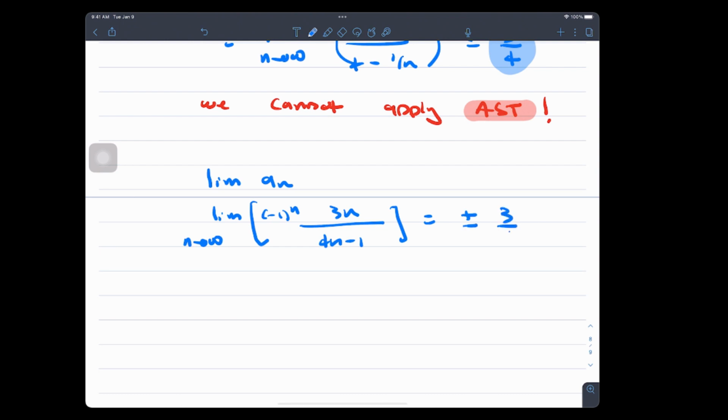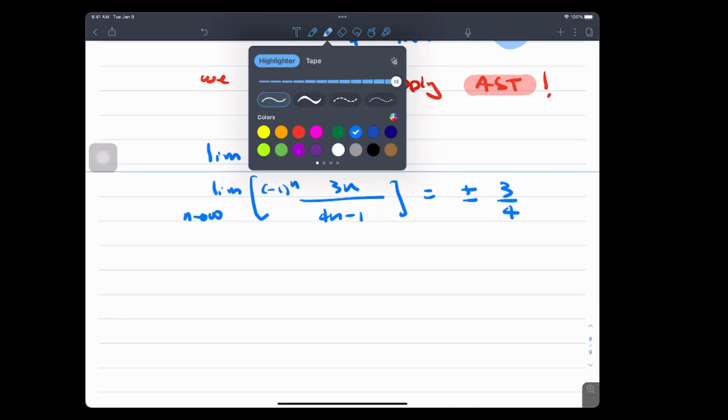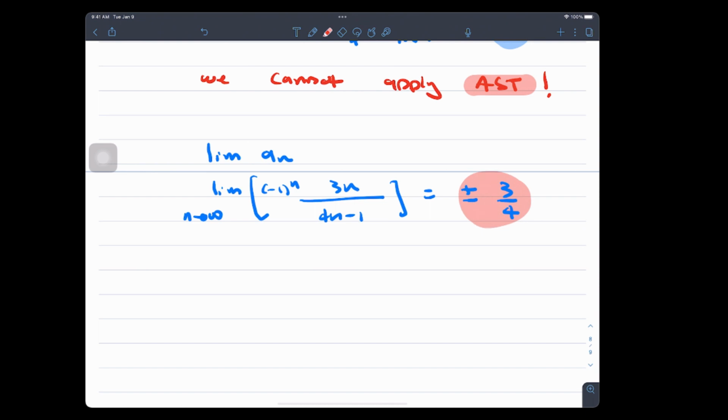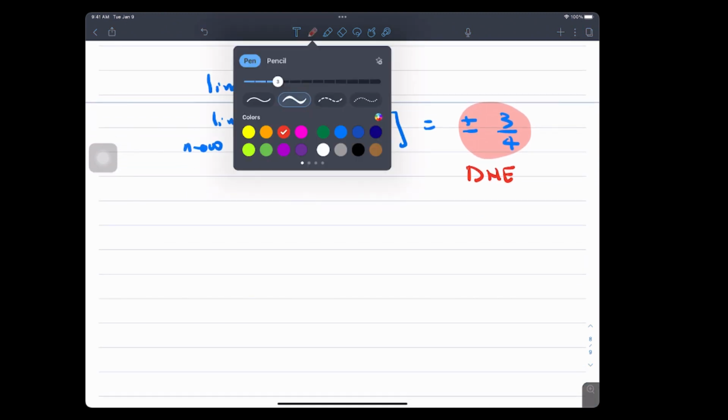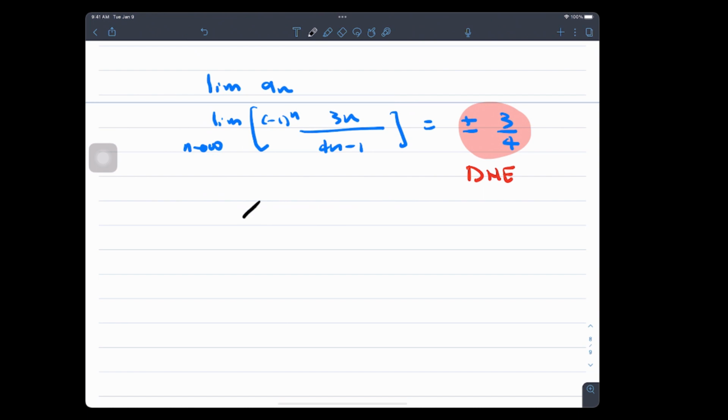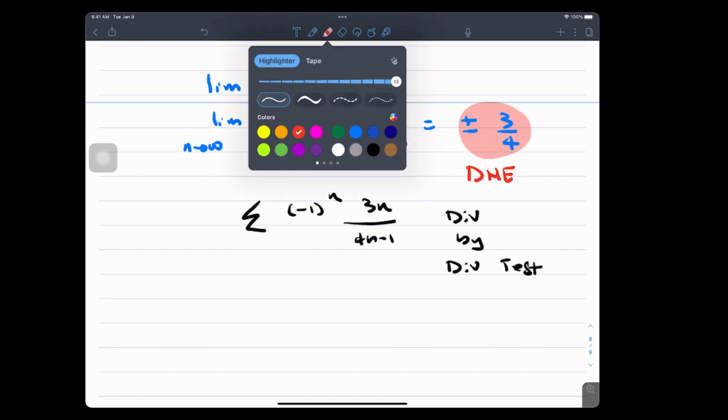That's plus or minus 3/4. What does that mean? Yep. This limit does not exist. You can't go to two places. That does not exist. Now what can we say? Then that means our series, what's the story? Diverges. Yes. This diverges why? By the divergence test. And that's what you're here to learn.